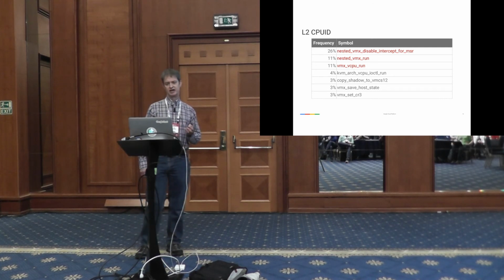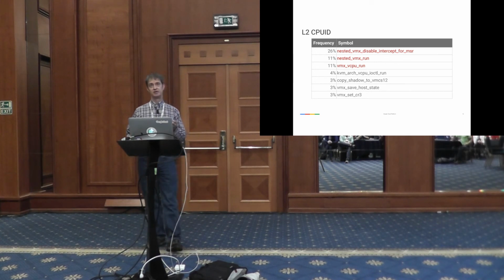Some of the others here, copy shadow to VMCS 1.2. That's copying the state from the shadow VMCS. Which shadow VMCS is this?